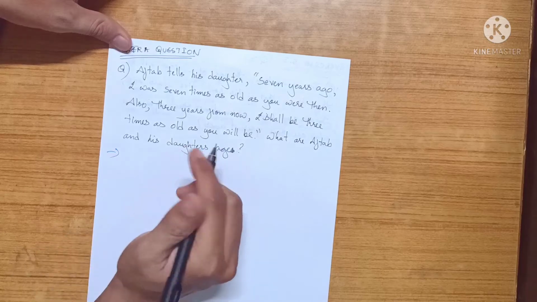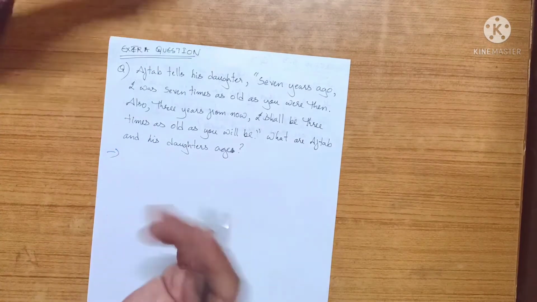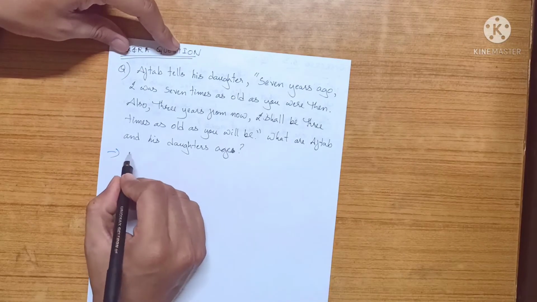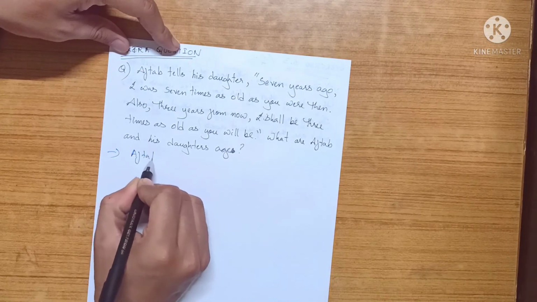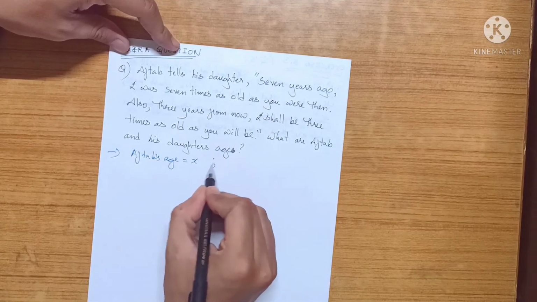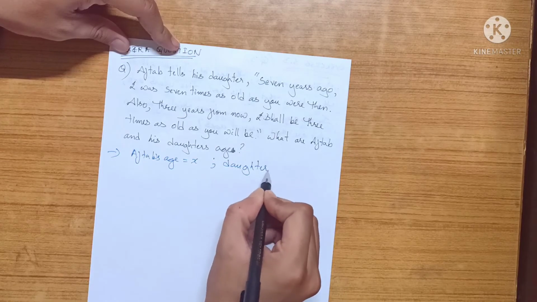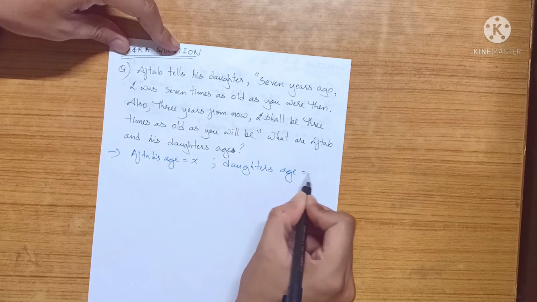Okay, during an age question, what you're going to do is take the ages as x and y now. So let's say Aftaf's age equal to x and daughter's age equal to y.